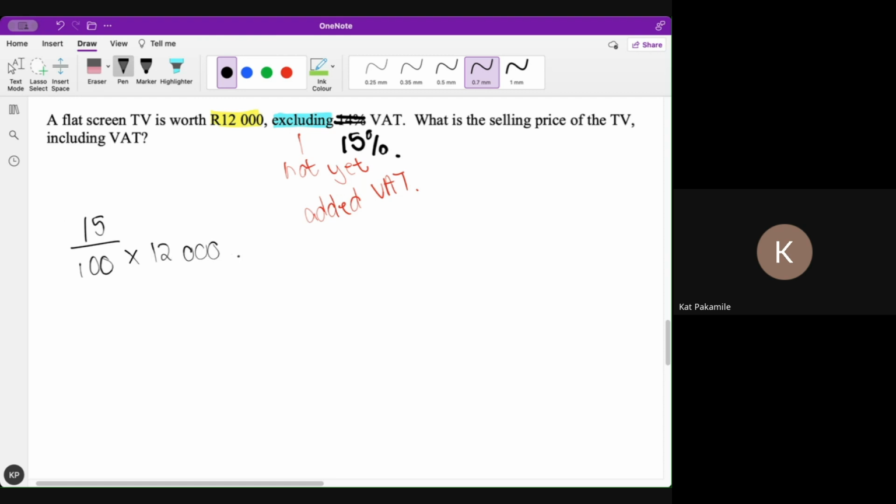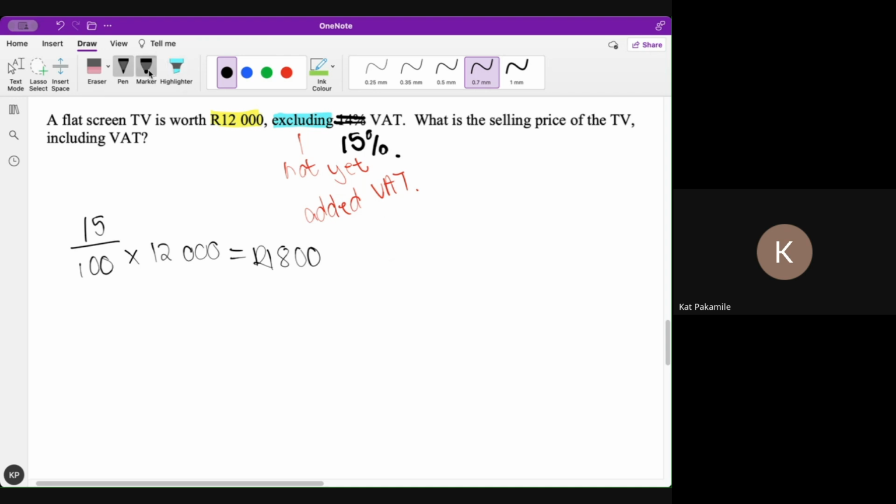And how much is that? That is 1,800 rand. Now, what do we do with that 1,800 rands? We add it to 12,000 to find the price that is including VAT. Do you see, guys?